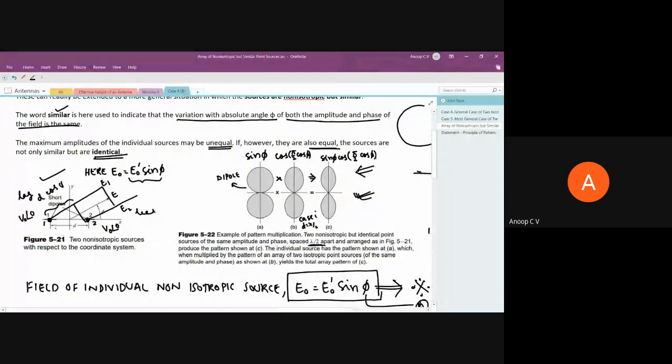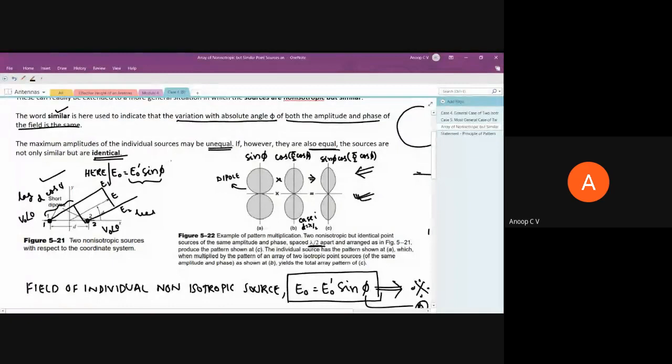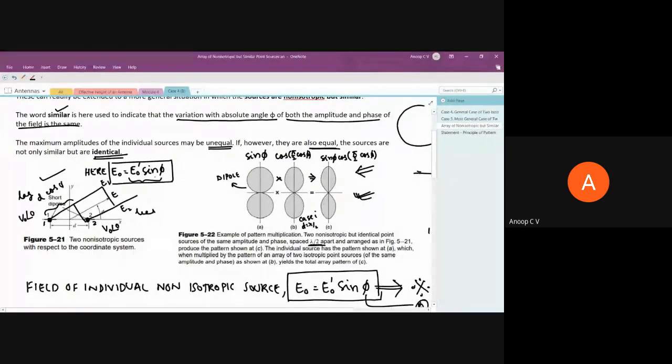So what I have done is, we have two non-isotropic sources. Instead of isotropic sources, we have taken non-isotropic sources. In first case, I have considered some elements which has individual field pattern like this, sine phi pattern. So this can be obtained using a dipole, right? Dipole kept along x-axis can be obtained. So the resultant field due to these two dipoles separated by some distance d, symmetric with respect to origin, is equal to, right, the product of the field of individual array element, that is sine phi.